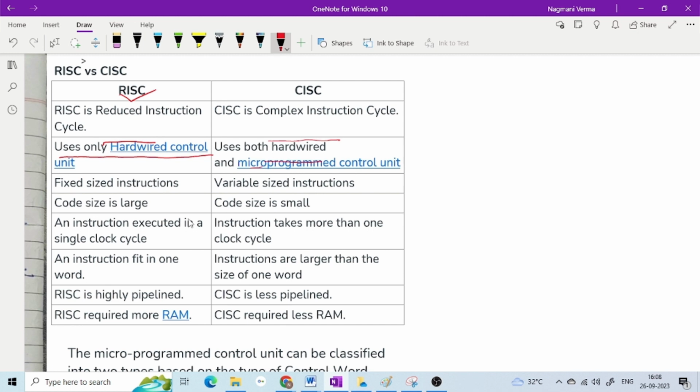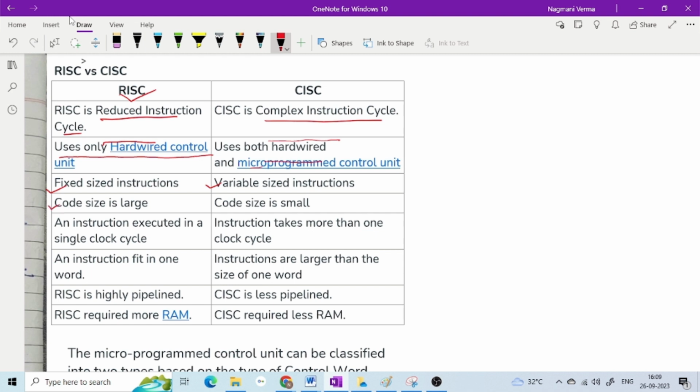RISC is called the reduced instruction cycle, and CISC the complex instruction cycle. RISC has fixed size instructions; CISC has variable size instructions because it is programmable, so we can give any size of instructions. Code size is large for RISC.